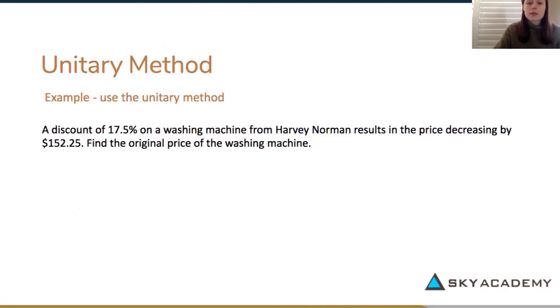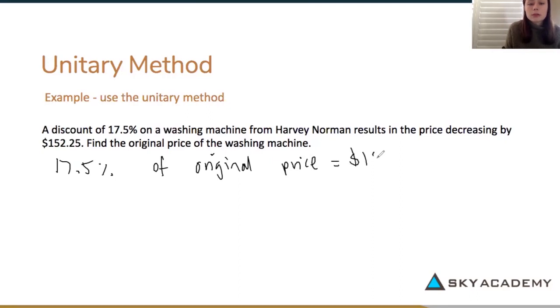A discount of 17.5% on a washing machine from Harvey Norman results in the price decreasing by $152.25. Find the original price of the washing machine. So firstly, what I'm going to write down is 17.5% of original price equals 152.25, because that's what this first sentence tells us.